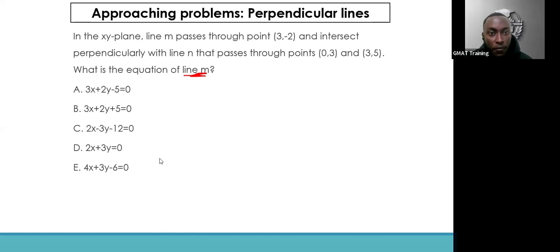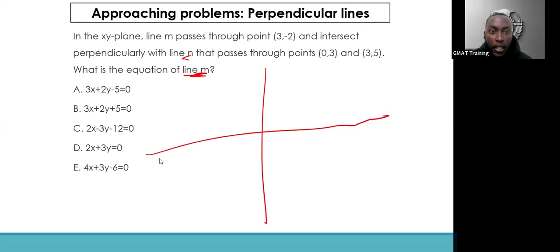So for the gradient of line N, if we were to visualize this, let's draw this first. We have line N that passes through (0, 3) and (3, 5).